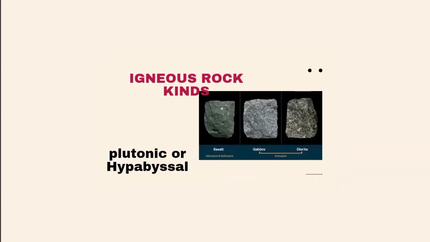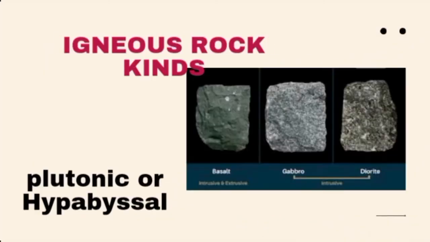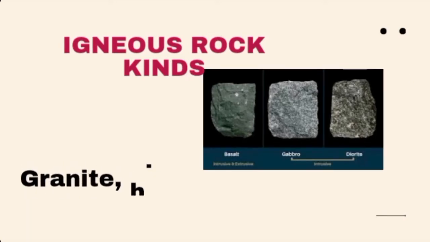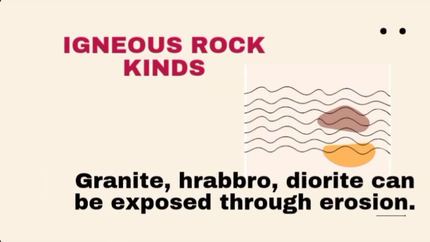The kinds of igneous rocks that we have: one, plutonic, which are rocks that are formed from molten magma and solidify within the bedding planes of the earth or underneath the earth's surface as hypabyssal rock.